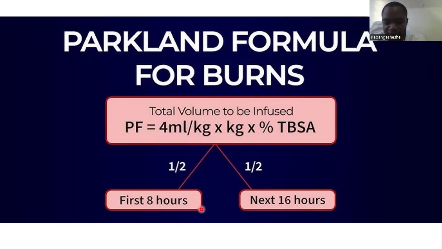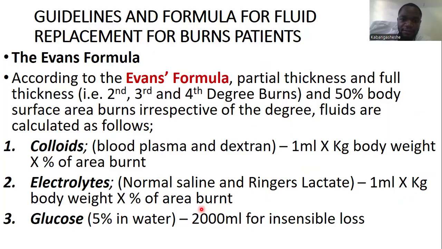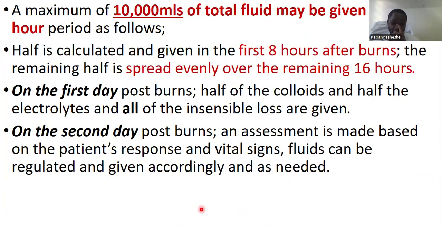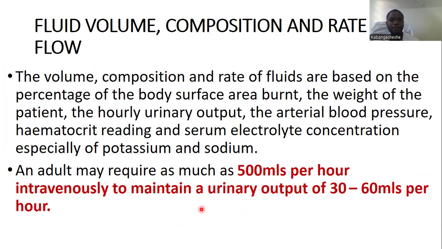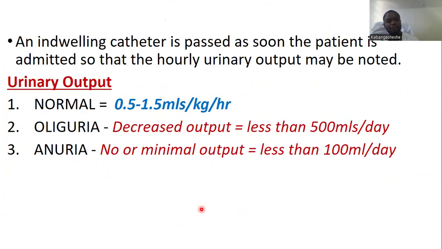So what remains after you remove the half, we divide into 2 equal parts and give 8 hours apart. That will give us 24 hours, right? We have another formula, Evans formula, that can be used as well, but Parkland's formula is quite effective.